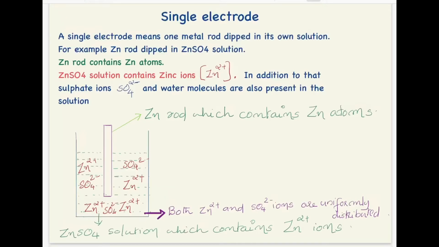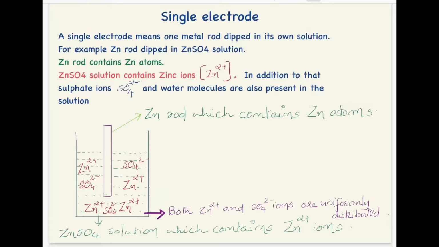Zinc sulfate solution contains zinc ions, and it is in liquid form. So zinc ions are in solution, zinc atoms are in the metal rod. In addition to zinc ions, sulfate ions are also present in the zinc sulfate solution, as well as the water molecules that you used to prepare the zinc sulfate solution.